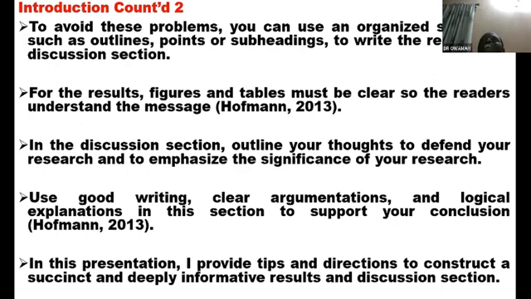Under it, you present all your tables, results and charts for biological parameters, and then you discuss under it. 3.3 can be correlation of physiochemical parameters, where you go into the statistical aspect of the work, and then you discuss it there. So you can organize it in such a way that there is no confusion.